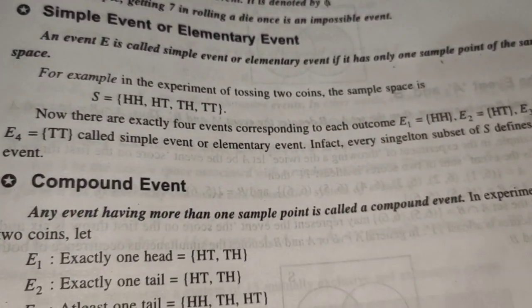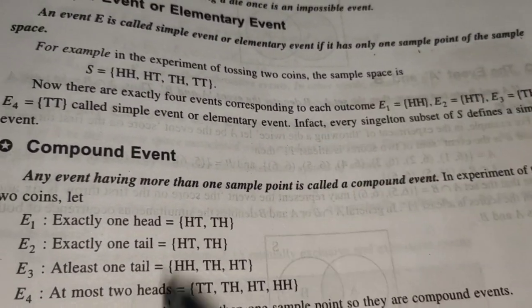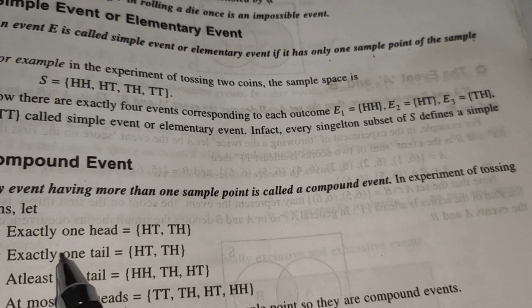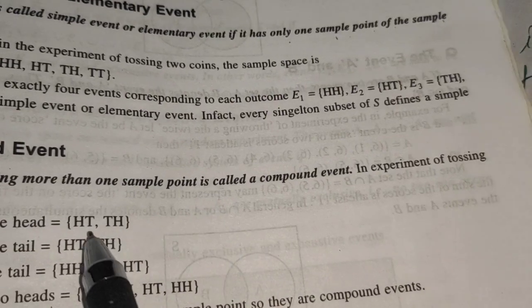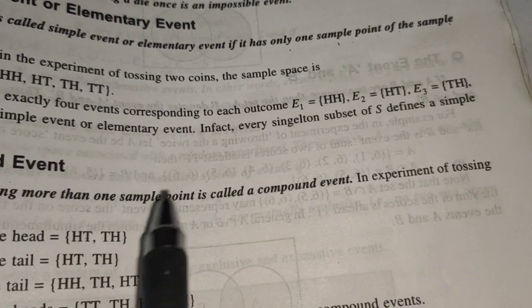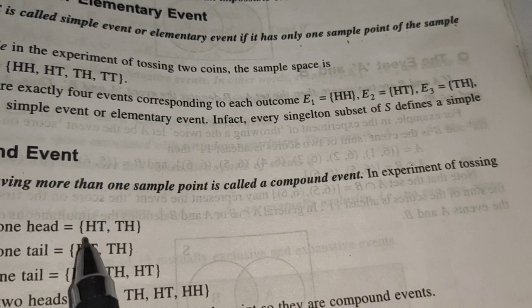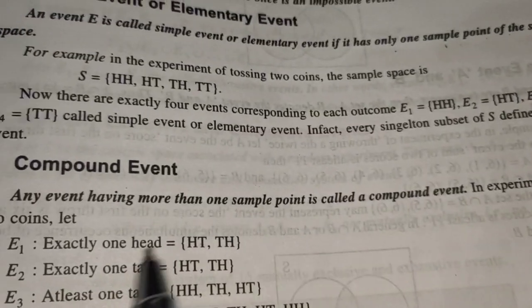What is a compound event? If we consider the same example, a compound event will be like this: exactly one head. When we are talking about exactly one head, we cannot exceed more than one head. So when 2 coins are tossed together once, your favorable cases will be HT or TH.